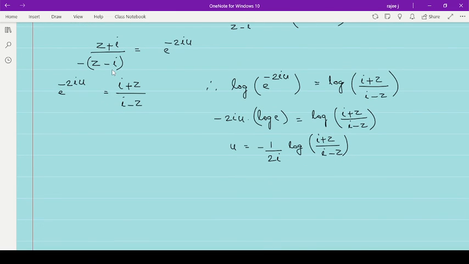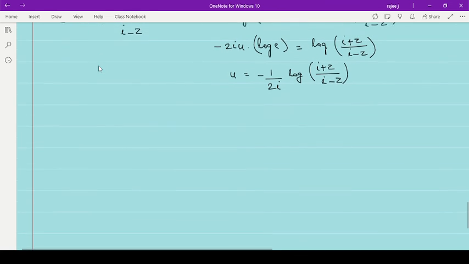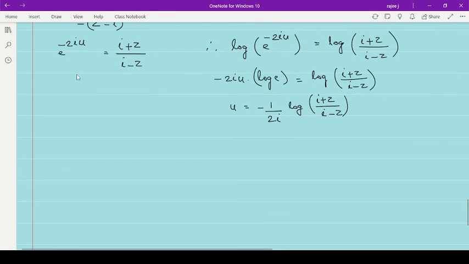So we need to remove this I from the denominator. So what to do? Just multiply with an I in the numerator also, numerator and denominator. So u is equal to, what is u? u is tan inverse z. Therefore, tan inverse z is equal to minus 1 by 2I, I am multiplying an I here and an I here, numerator, denominator.